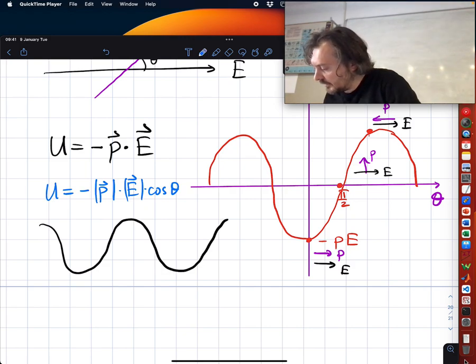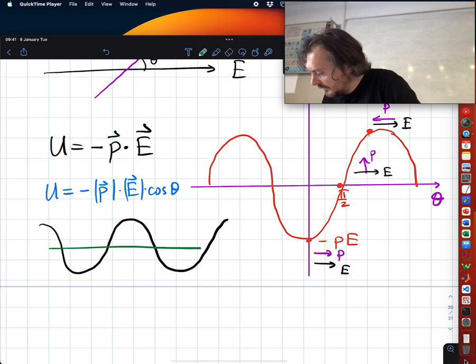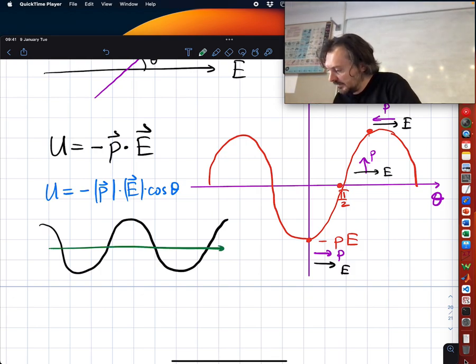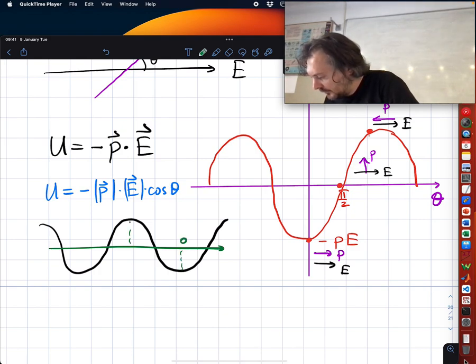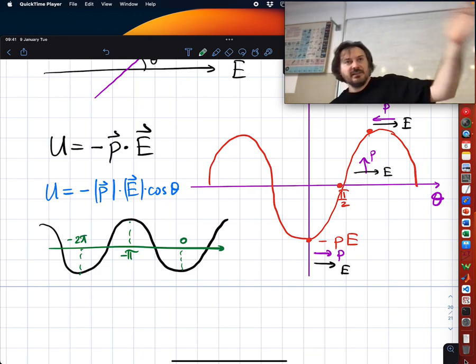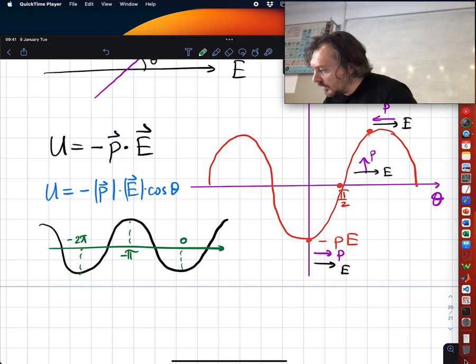And just to fix the confusion, for this one, this corresponds to 0, this corresponds to pi, this corresponds to 0 again, or 2 pi if you want. Or let's go in the negative direction. Doesn't matter, it's a cosine, it just repeats. Are you happy? Yes? Good. That's in the notes, so let me just shrink it.